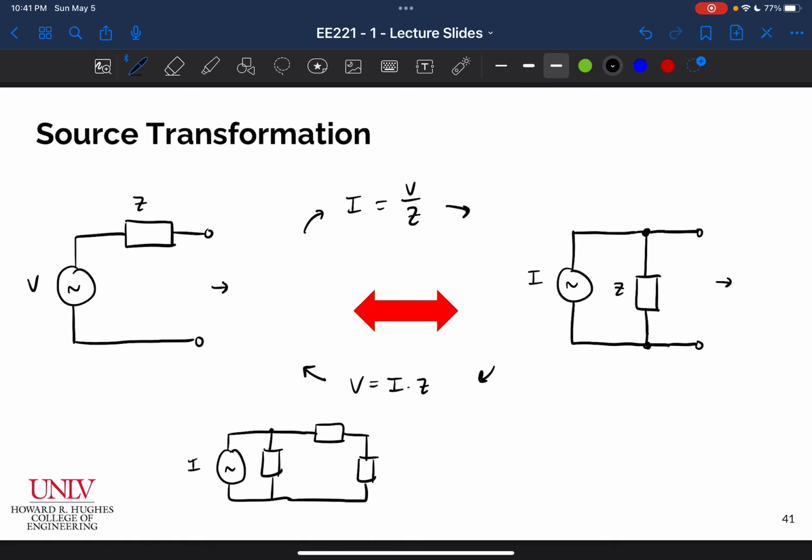Well, what you can do is you can take this source and transform it into a voltage source. So basically from this point over, you can transform it into a voltage source in series with that same impedance, and then what you're left with is just the rest of the circuit, right?